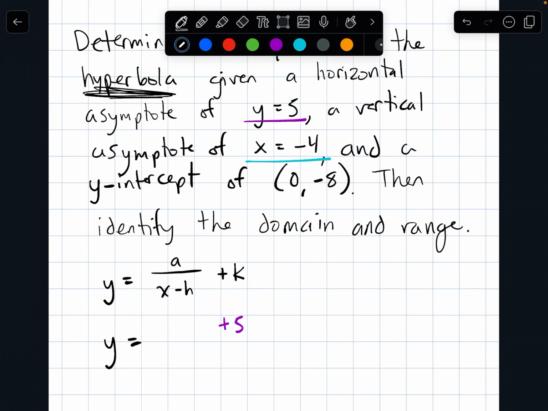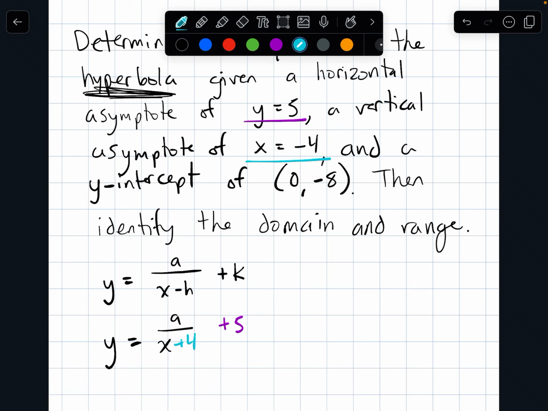And because we know that the vertical asymptote is a -4, we're going to replace the h with a -4. Now be careful here, right? If I take a -4 and I plug it in here for h, we're going to have x minus -4. And so like we've learned this whole year, h value always looks different than what it actually appears to be. So we're going to have a over x plus 4, and then all of that plus 5.